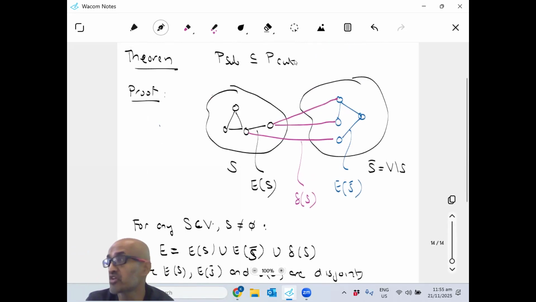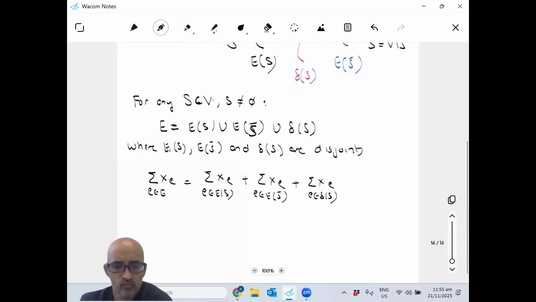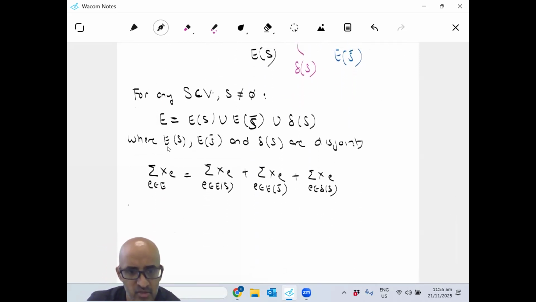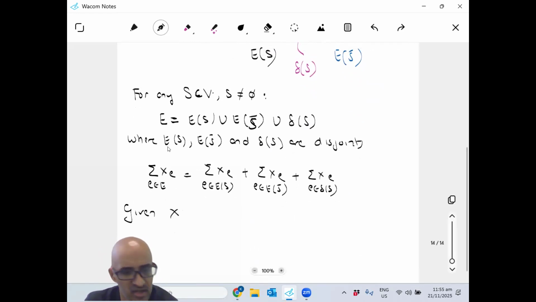Now, what do I want to show? I want to show that subtour is contained within cut set. That means if I take a point in this set, it will be a point in this set. So given any x in P sub, what do I know?